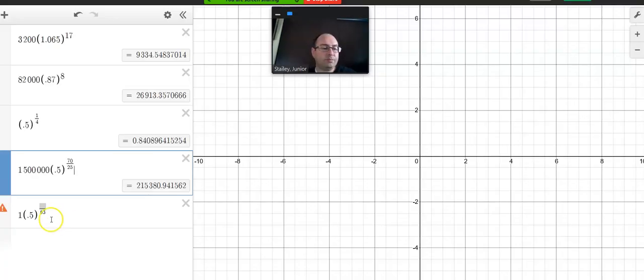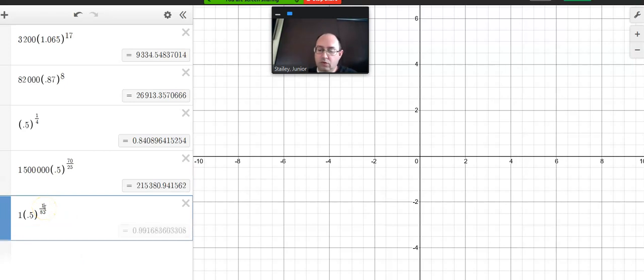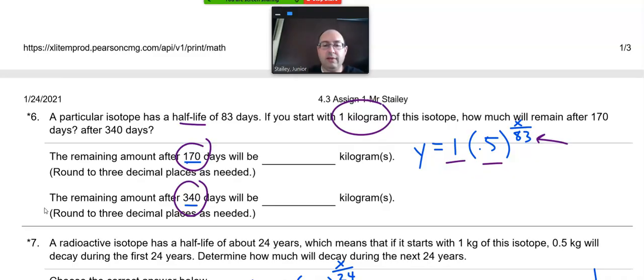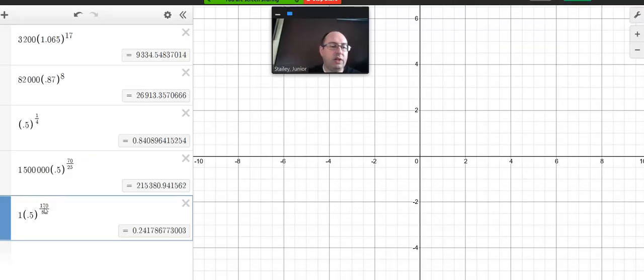Okay, so 170 means we're at 0.2418. 3 decimal places, 0.242. Okay, 0.242 if we're going to the nearest thousandths place. And then change it to 340.